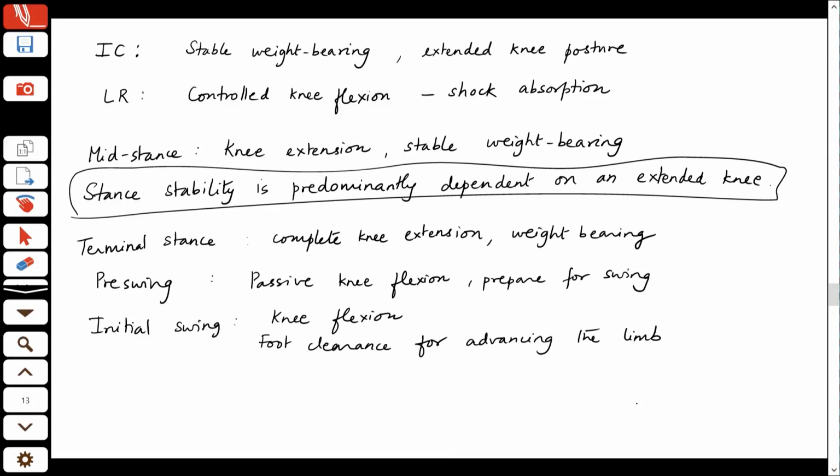Active ankle dorsiflexion is responsible for providing the foot clearance. Mid swing, now you have passive knee extension. Predominantly gravity is responsible, but there may be some activity from the quadriceps as well, and again the function is to advance the limb.